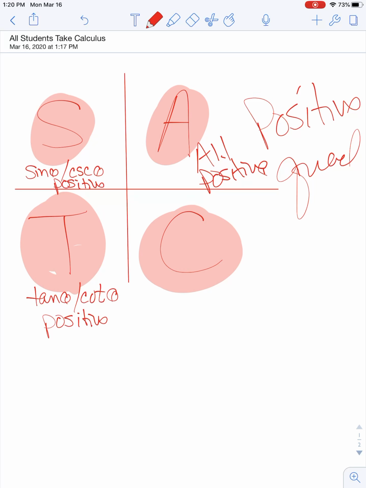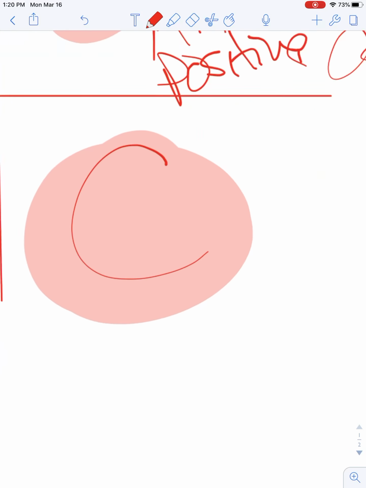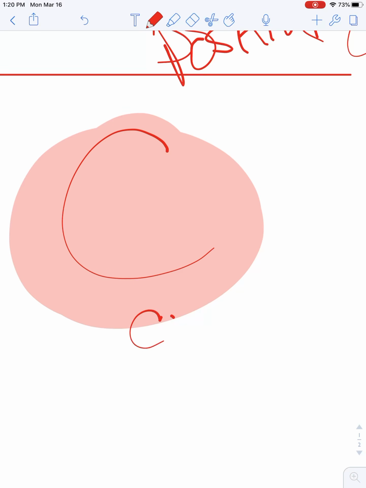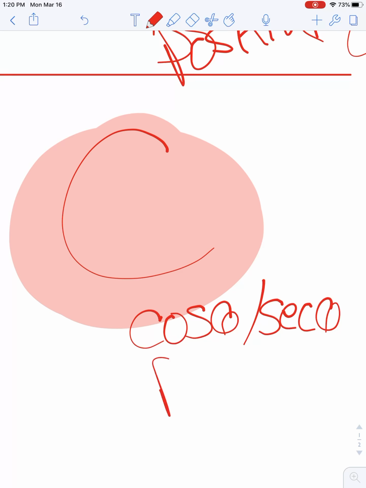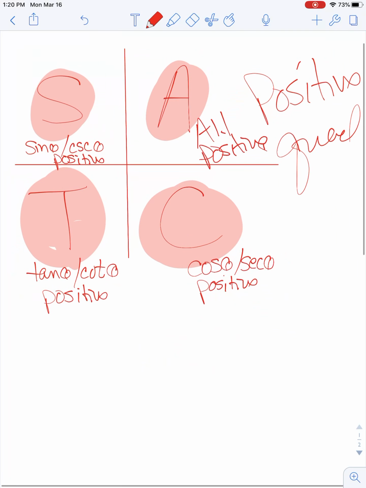All the other ones are negative. So take a wild guess at what C stands for. You guessed it. Cosine. Cosine and reciprocal function secant are positive. All the other ones are negative in that quadrant.